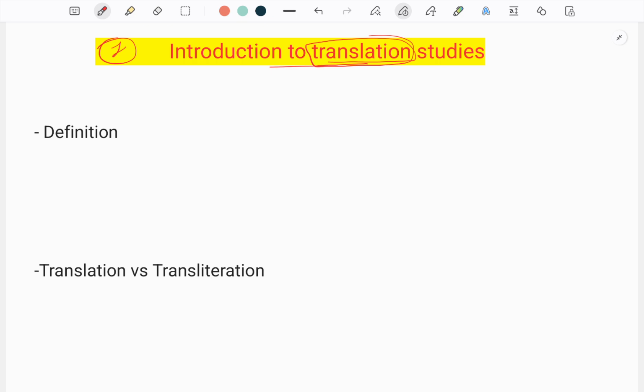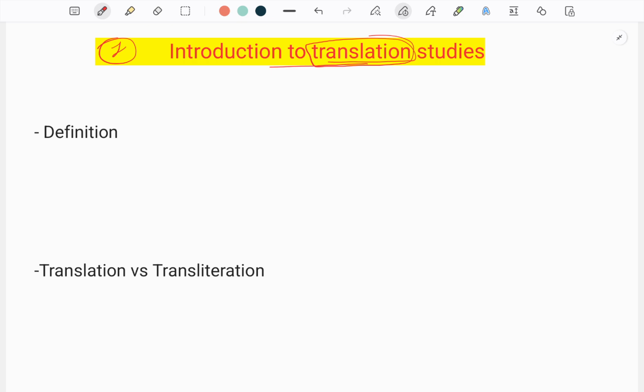I hope you remember when you were in high school or intermediate. In the exam paper you get a phrase written in English or Hindi. If it is written in Hindi, there is a heading that says kindly translate these sentences into English.